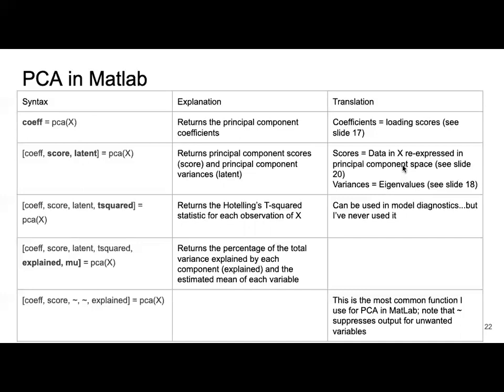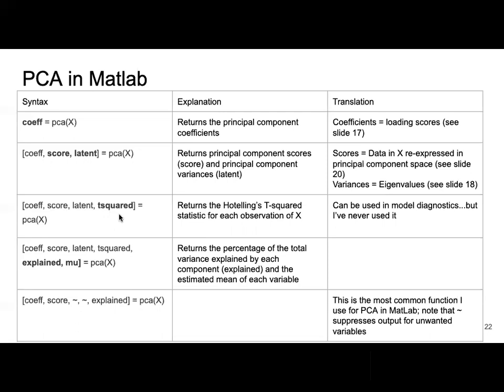And then latent is like the variance, or what we've previously called the eigenvalue. I don't often use the raw latent score, but it's there if you have some use for it.